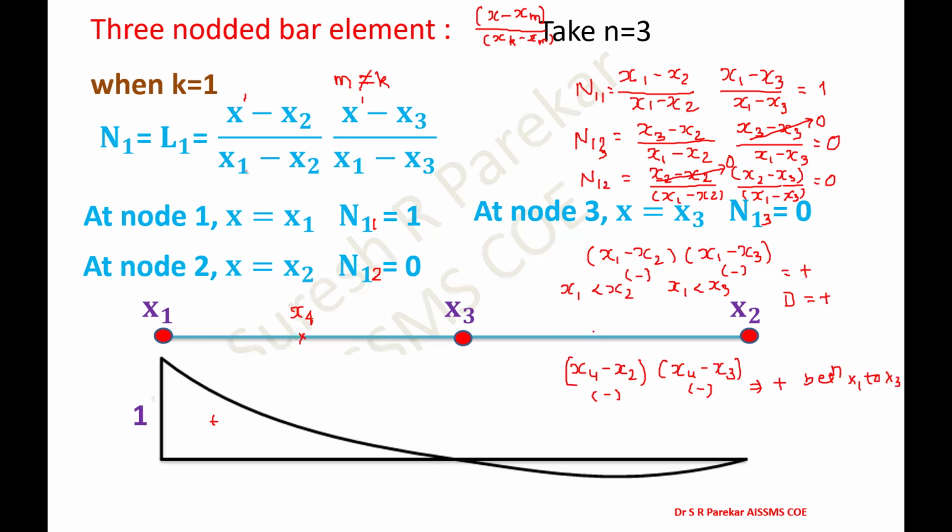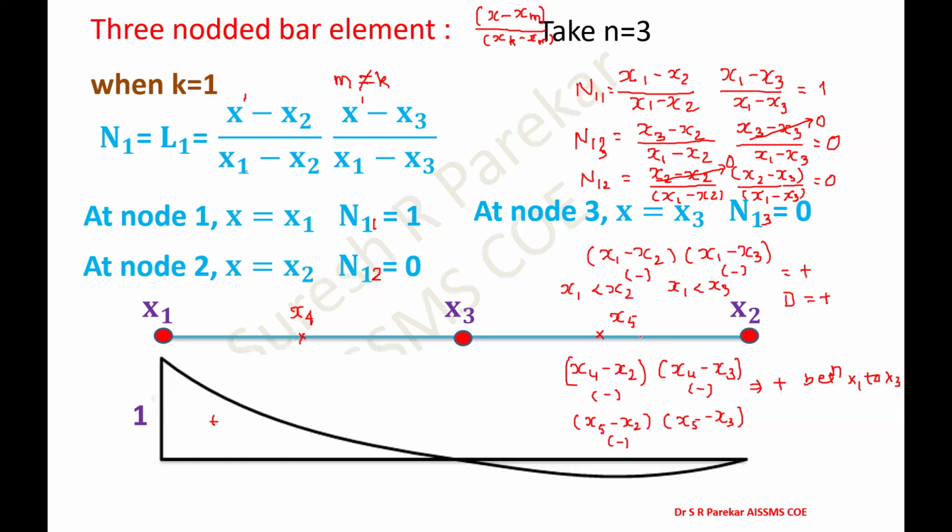Now go for some value that is in between x3 to x2, which is x5. Then I will get x5 minus x2 and x5 minus x3. Now we have x2 is greater than x5, so we have this value minus.